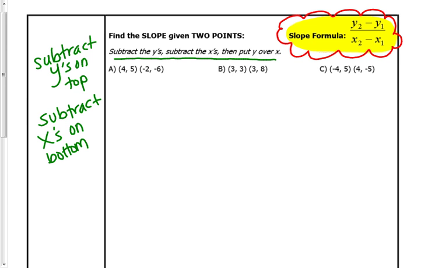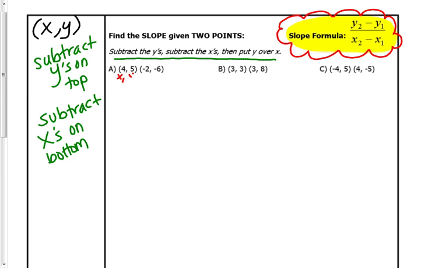So what do I mean by y's and x's? Well, you're given a coordinate point. With slope, we usually see them on graphs, right? So on a graph, you always have a coordinate point, and the first number is always the x, the second number is always the y. But because we have 2 points, we have 2 x's and we have 2 y's. So what we want to do is label them. Okay, this 4 is going to be my first x, so we call that x1.